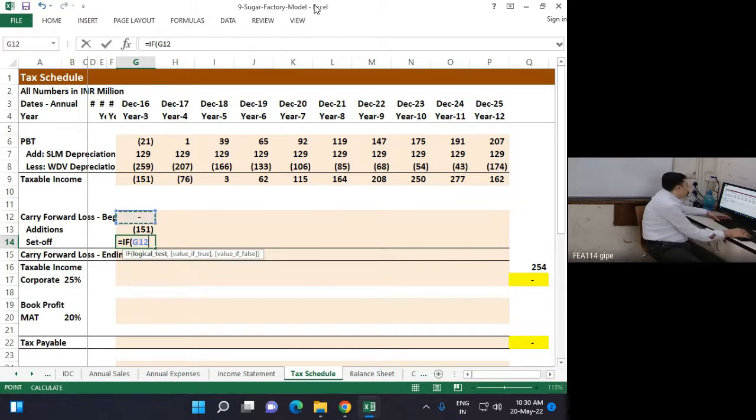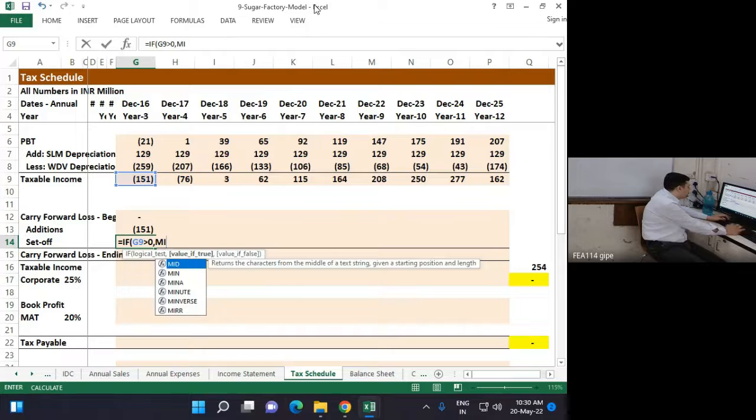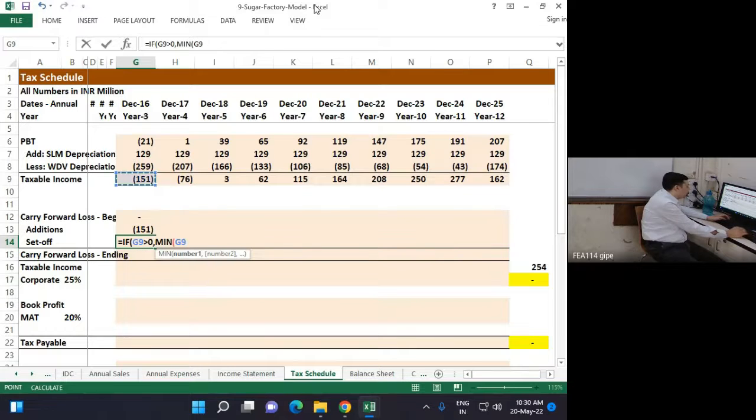Set off. Set off will happen only if there is a profit. First check, is there a profit? If yes, then how much should the set off be? That will depend upon what is the profit amount or absolute value of opening carried forward. So that you drop the sign. You just compare the number. Whichever is the smaller, that one will be adjusted.